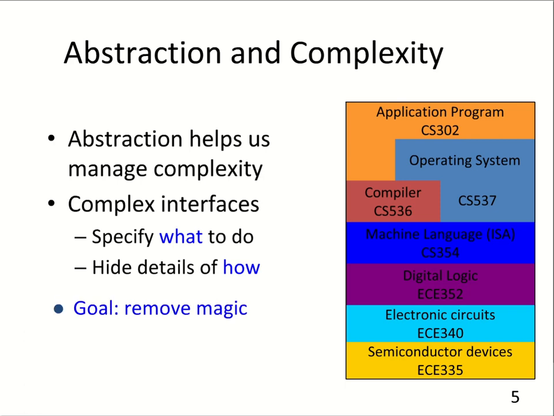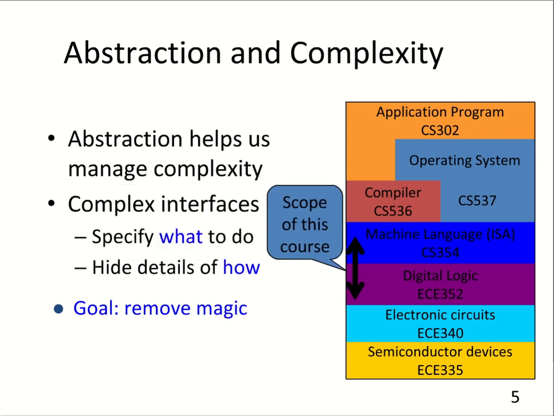Now, the goal of this course will be to try to remove what seems like magic in this whole process of taking a high-level application program and actually having it move current around in circuits from node to node, and somehow have that moving of charge around as current actually implement the semantics of the program.